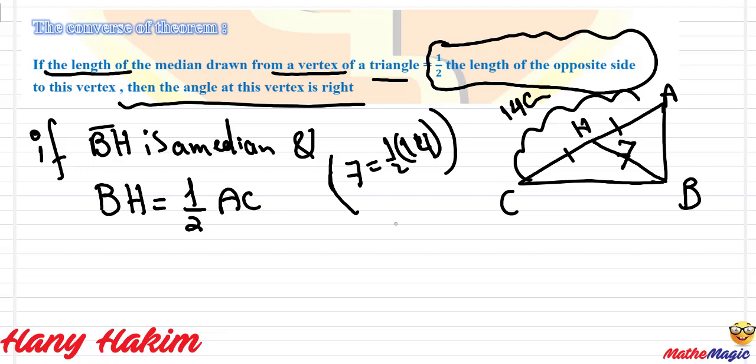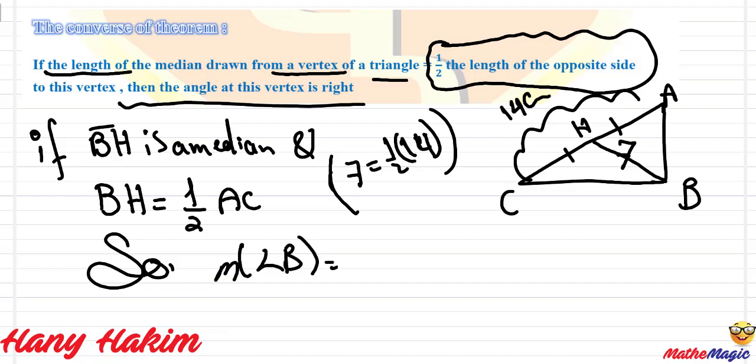If I found that the length of the median equals half the length of the opposite side, so I can say that the measure of the angle B should equal 90 degrees.